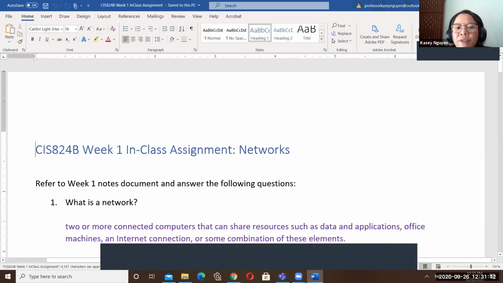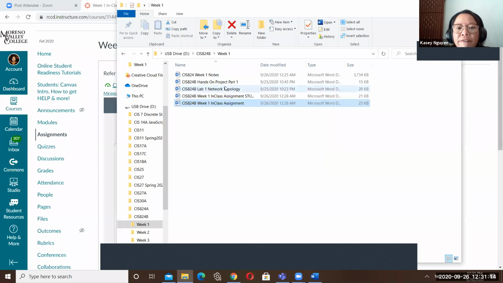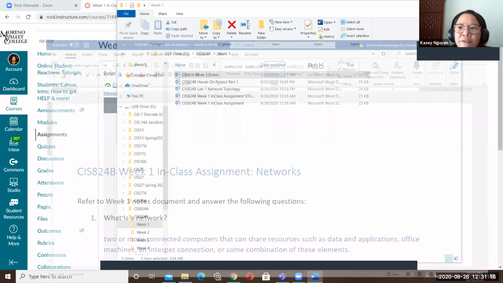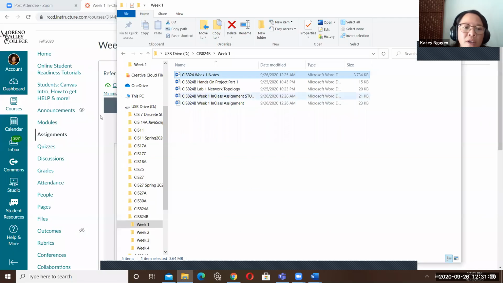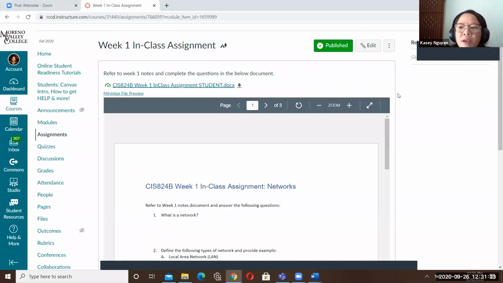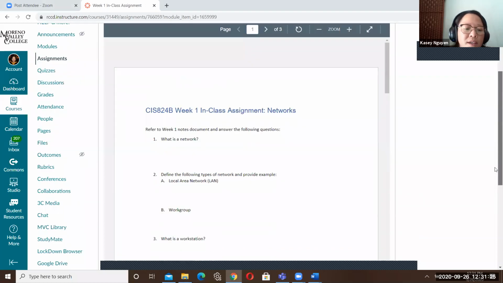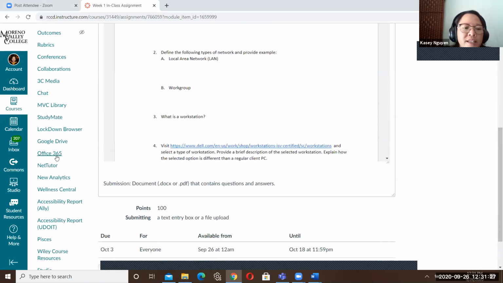Also, if you don't have Microsoft Office, you get a free license as a student. You can also sign up so that you have OneDrive. So the Office 365 tab is here. You can also find the same information on the website of the college. If you go to RCC, you can find that there as well. But if you click this, it takes you to the Microsoft website.